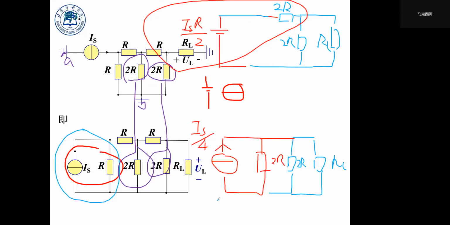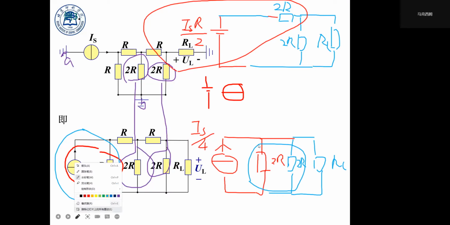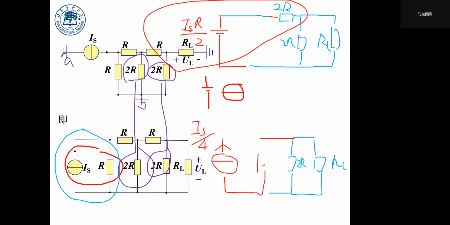So we see that these two are combined with each other in parallel connection, so we can just replace them with a single one, right? A single one with the value of R.